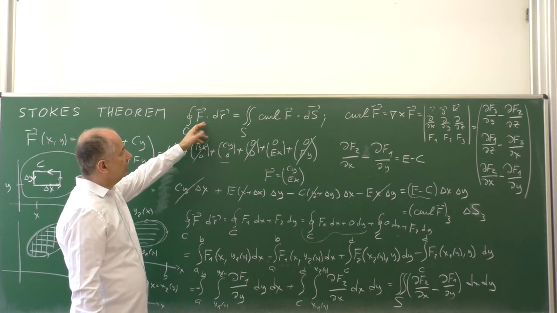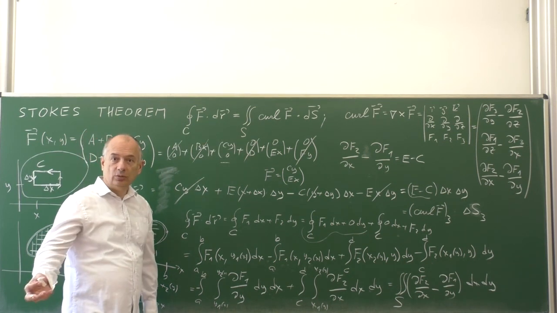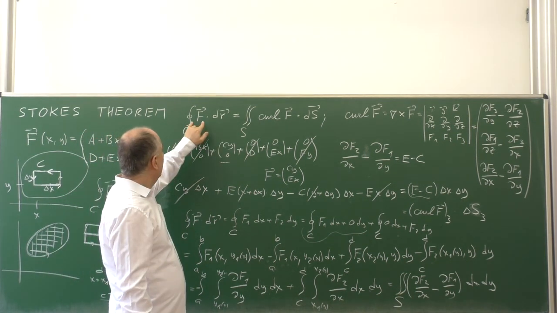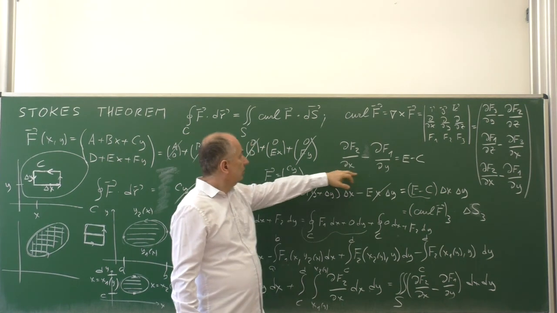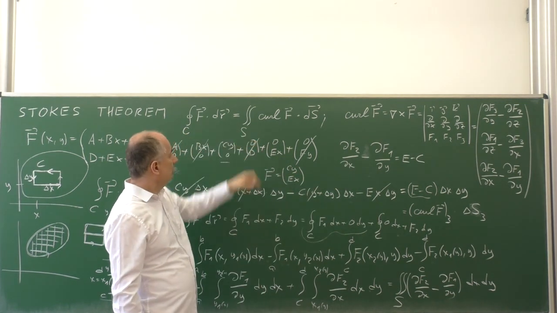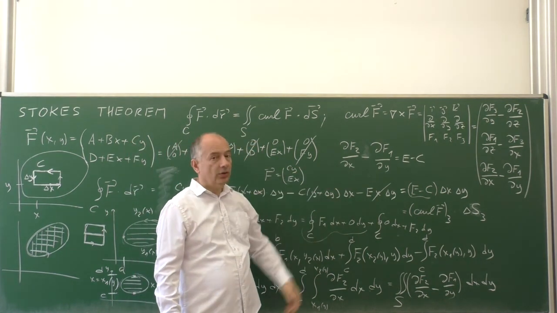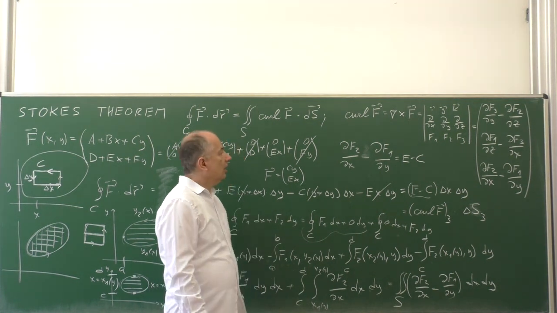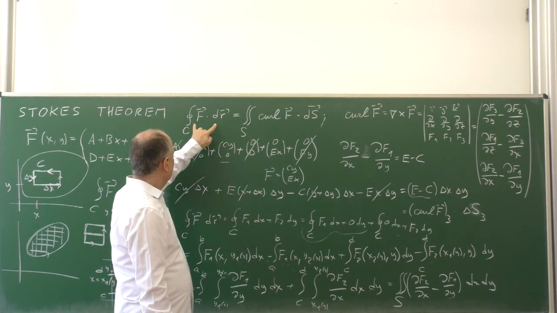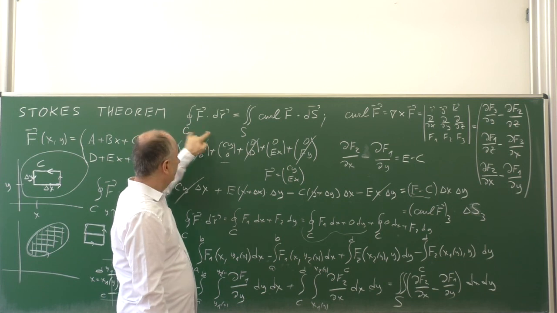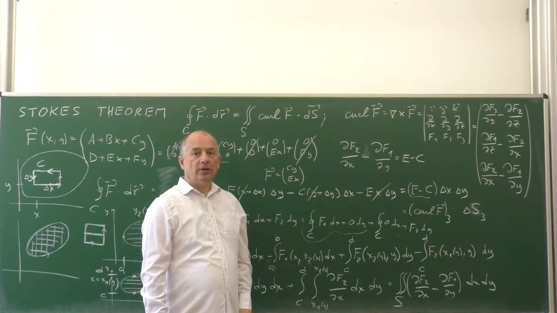So this is a nice generalization of our old result. Then when this is 0, then this is 0. Well, and for non-conservative vector fields, when the curl is not 0, then the line integral over the closed curve is equal to this double integral.